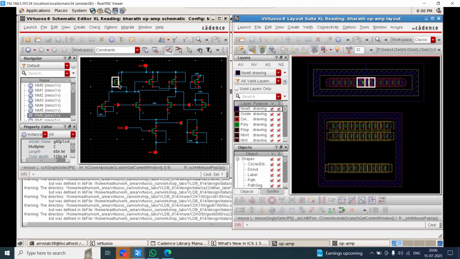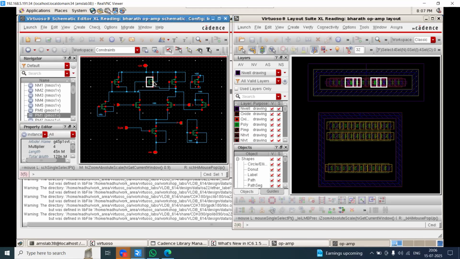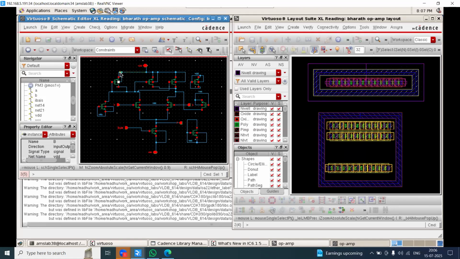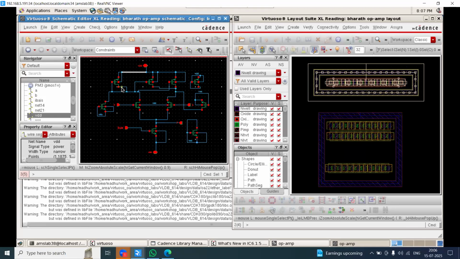Why? If I take the source as common inside, I can't merge with respect to neighboring devices, because the neighboring device is commonly connected with the source only, not with any other net. This is a current mirror diode connected device, which means we will have only 2 terminals. One will be source, another drain, and the gate will be shorted together.